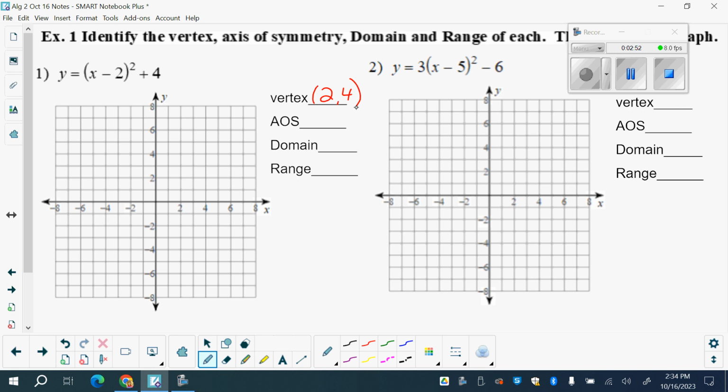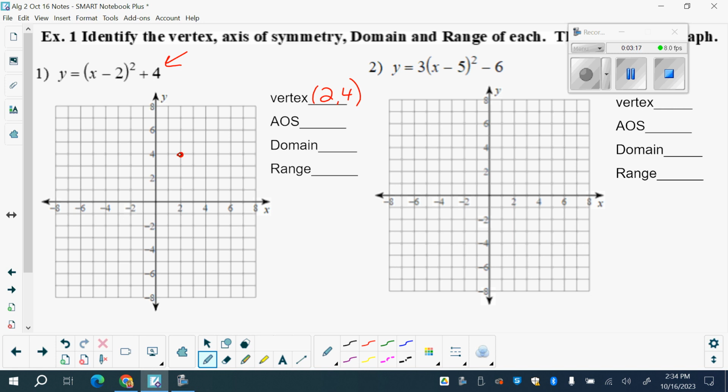So remember, you always take the opposite of this value inside the parentheses. -2 becomes +2. And then this here is your y value of your vertex. That's your y. That's your x. So my x, let's go ahead and draft the point. 2, 4.